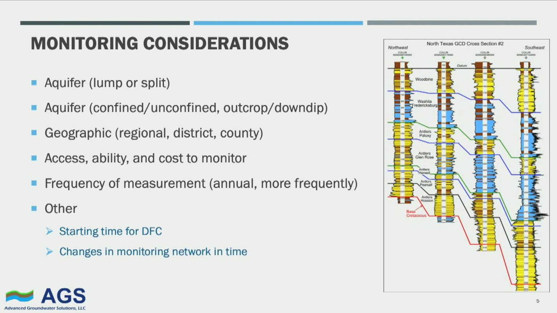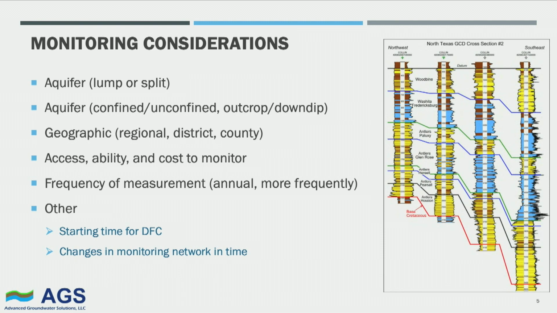And this is pretty generic stuff here, but essentially, a lot of times the GAMs that are used to drive the DFC evaluation and maybe setting the DFCs, maybe they lump or maybe they split in a certain way that gets kind of built into your DFC and your DFC statement. Sometimes it does, sometimes it doesn't. So that's a consideration. And of course, aquifers, whether they're confined or unconfined, whether you're in the outcrop or the down dip zone.